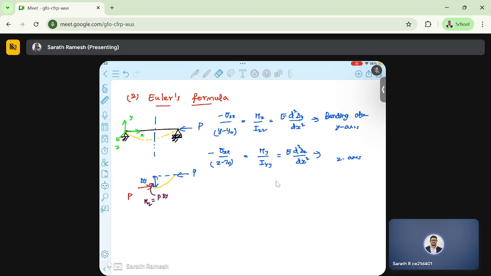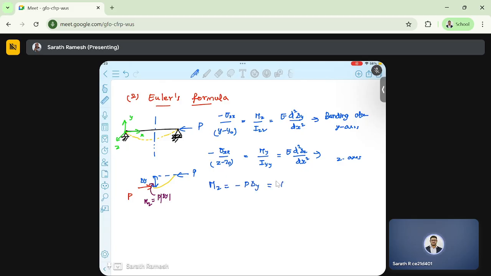And here the value of delta y assumes this is magnitude, because since our sign convention is above y is positive, so it's below, so it will be minus delta y in reality. So Mz will be minus P into delta y.